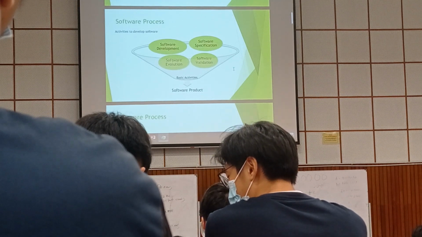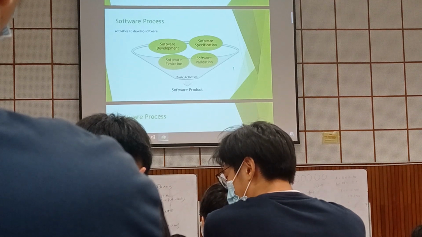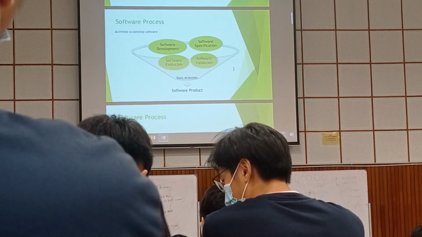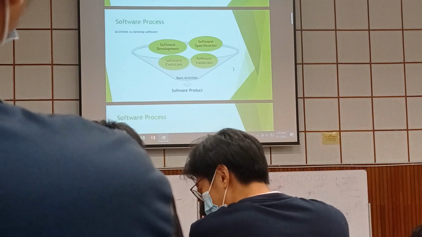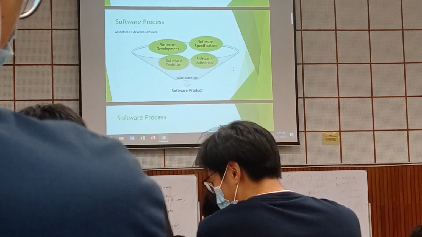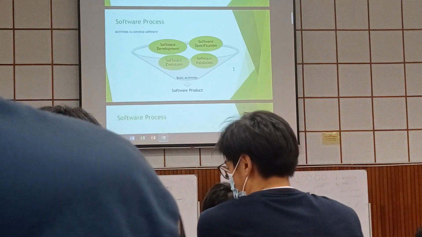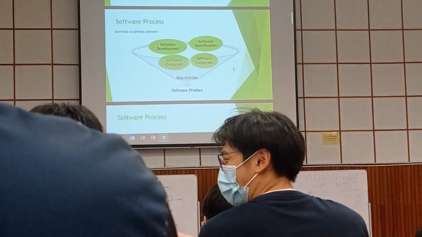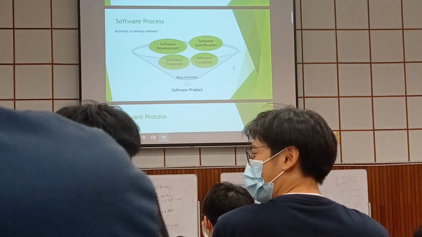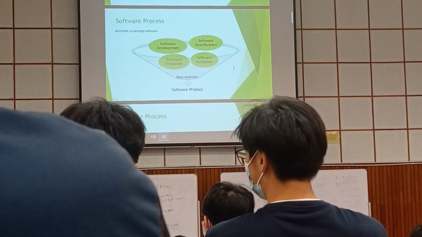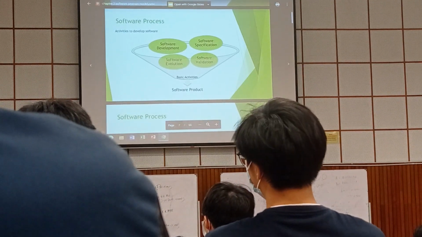Software evaluation says whether the system or software you are going to develop is based on the current trend, current era, or current technology. And the next one, software validation, is the testing. Understand? Any questions? Right? Great.